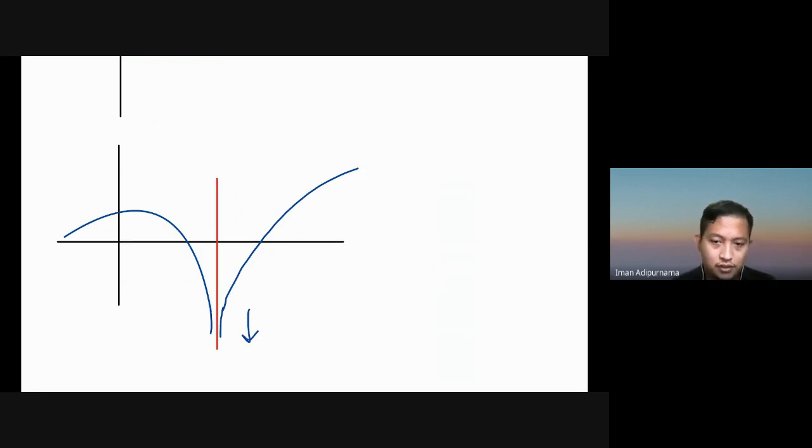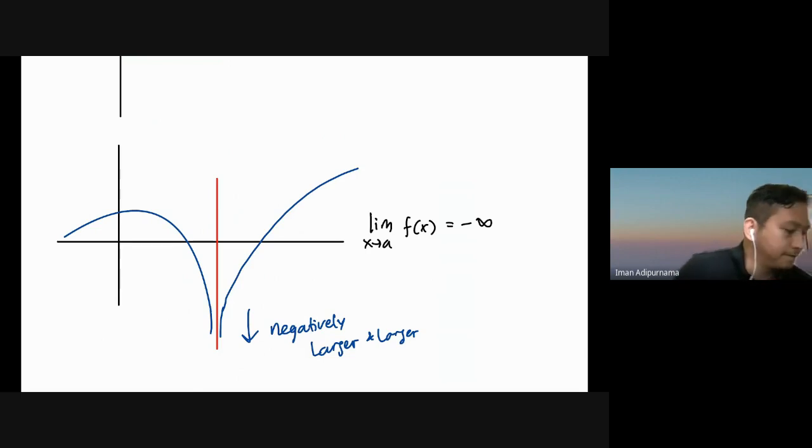The negative infinity. It will be negatively larger, larger and larger.